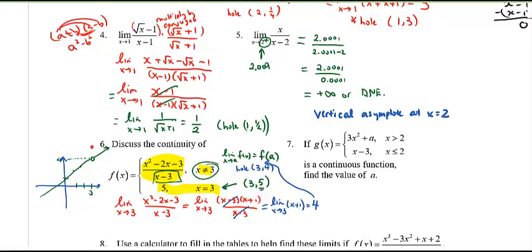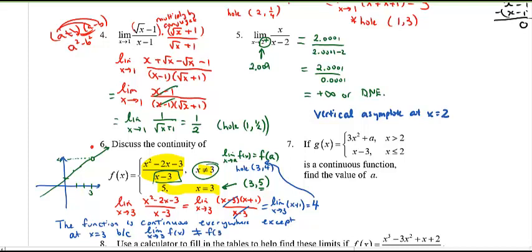I will say, discuss the continuity of this. The function is continuous everywhere except at x equal to 3. Why? Because the limit as x approaches 3 of the function does not equal the value at 3.